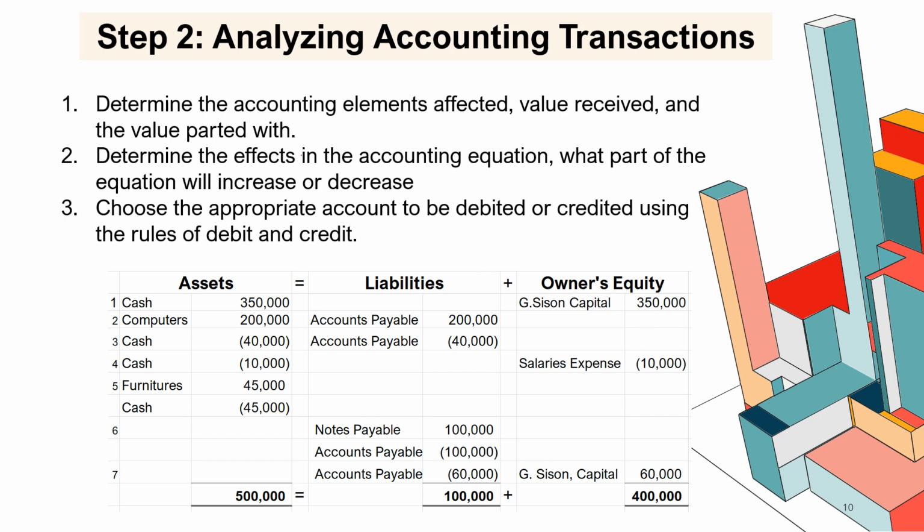If it is an increase, the figure is positive, and if it's a decrease, the figure is negative. And then we choose the appropriate account title to be debited or credited using the rules of debit and credit. Although we are not yet in the debit and credit, we were able to identify the account title for each transaction. In terms of the rules of debit and credit, we will be using that in our next discussion.